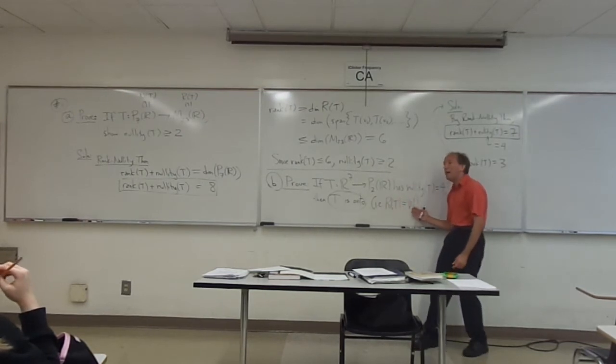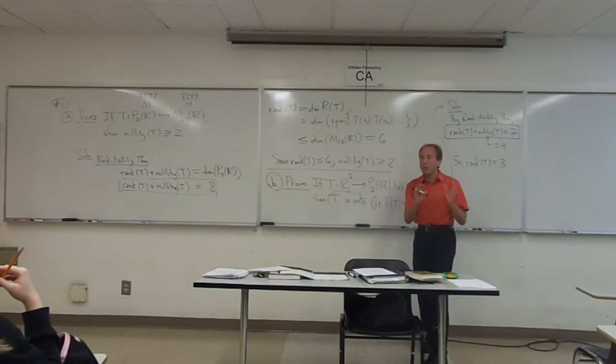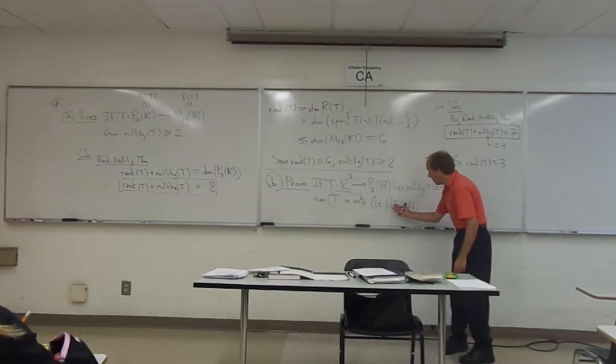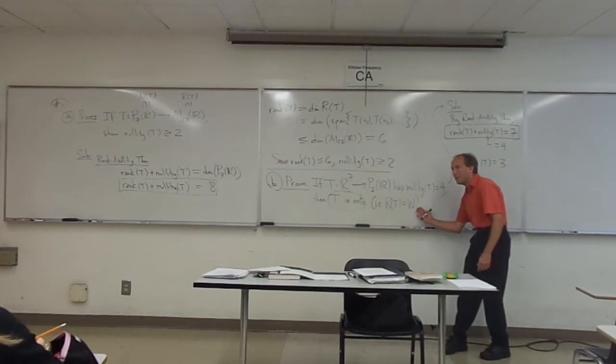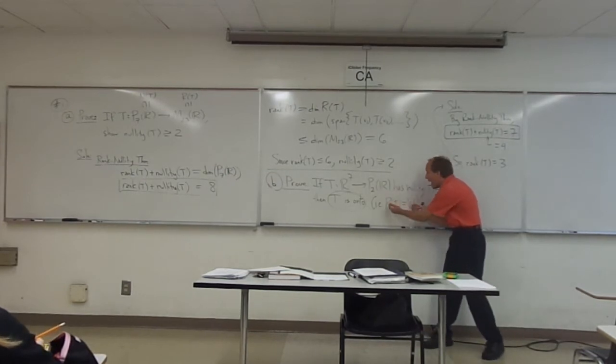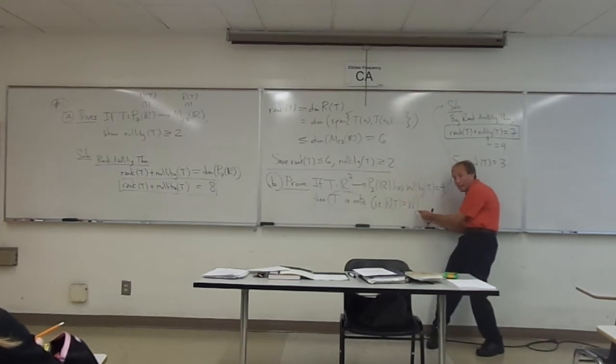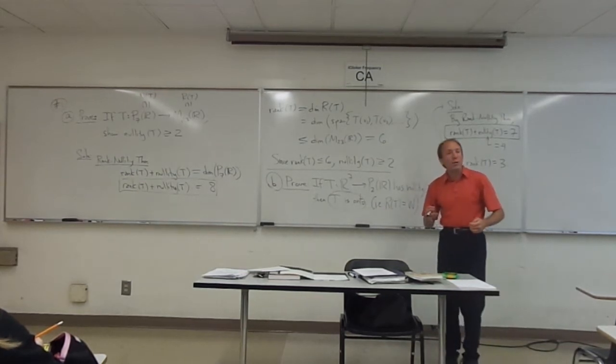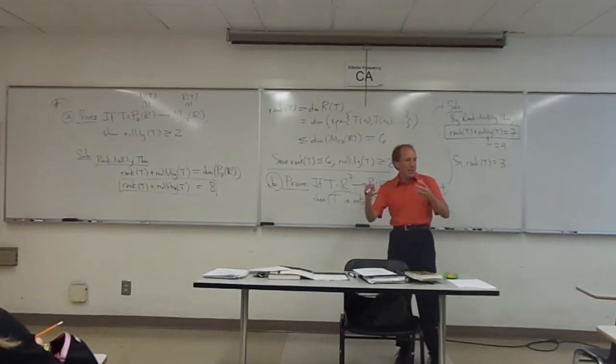Because of that, now you can start playing a numbers game instead of a set theory game. If I can show that this dimension is the same as this dimension, and I know half of this equality, then they must be equal. So you don't really have to prove subsets both ways.